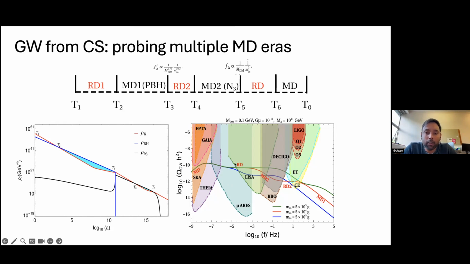So to start with, if we look at the red curve, we denote different matter dominated and radiation dominated eras. We can start with a recent matter dominated era, which is basically the domination of N3. So this is the present epoch. Then this is the radiation dominated era, which corresponds to this time.